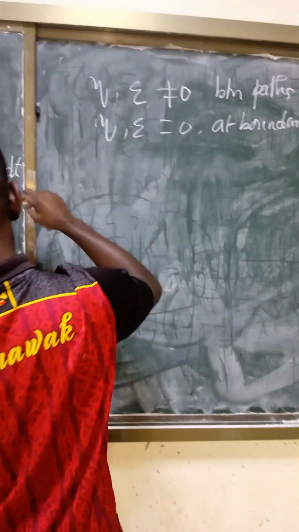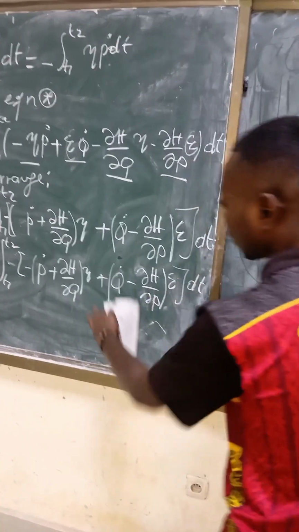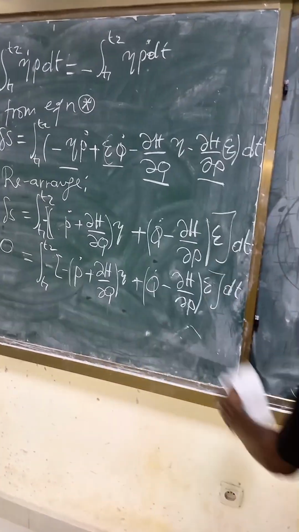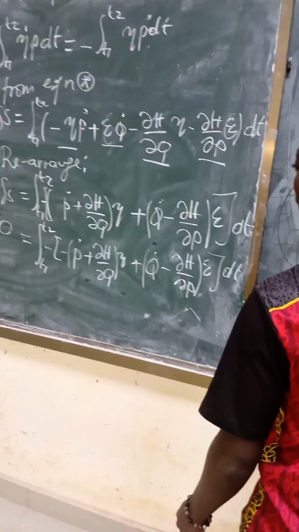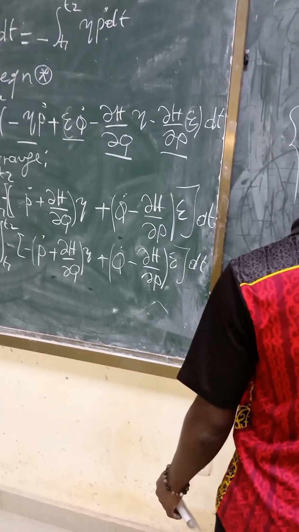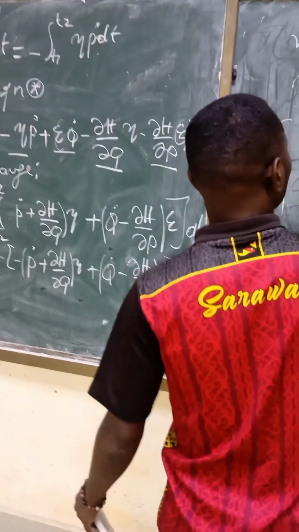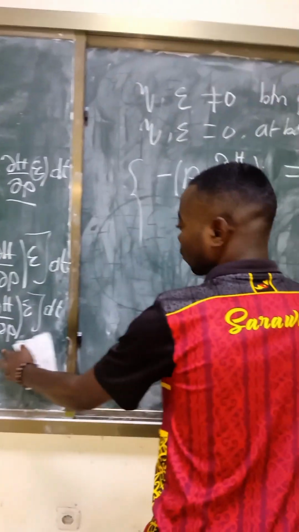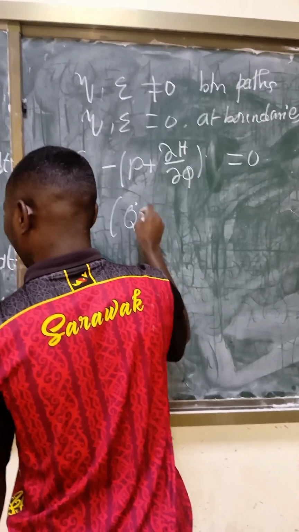So in order to be equal to 0, we must have this factor, negative p dot plus partial of H with respect to q, equal to 0, and this factor must also be equal to 0 simultaneously: q dot minus partial of H with respect to p equal to 0.